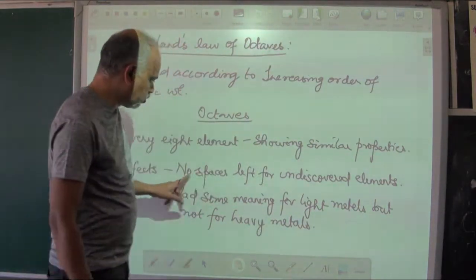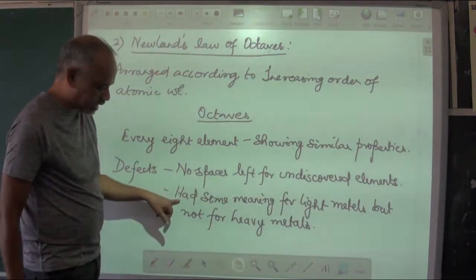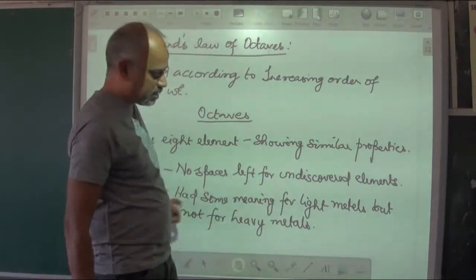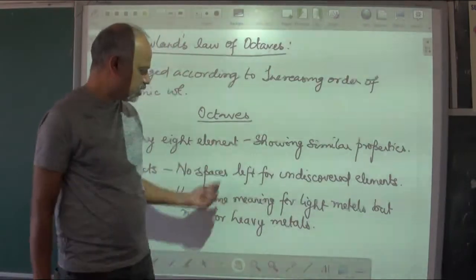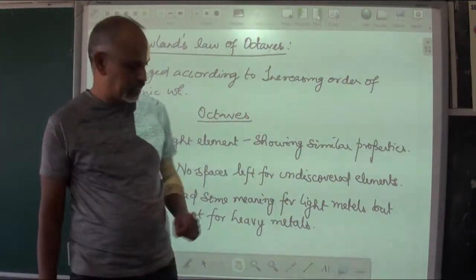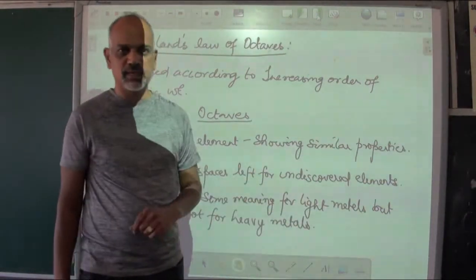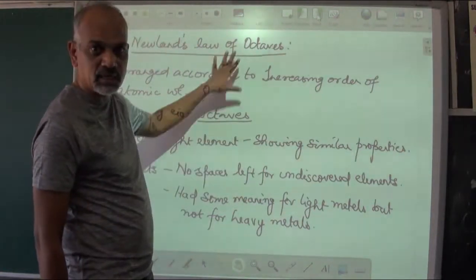It had some meaning for lighter metals, but it did not show anything for heavier metals. So again, this arrangement also didn't work out.